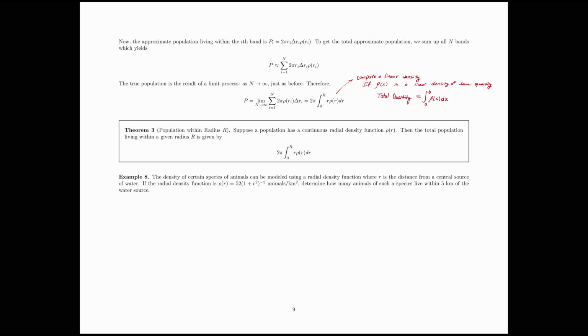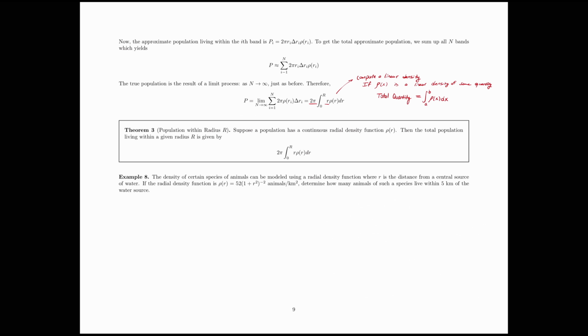However, for a radial density, you integrate your radial density function, but you also have 2 pi times r. So it is a little bit different. The important thing here are these extra features we get.